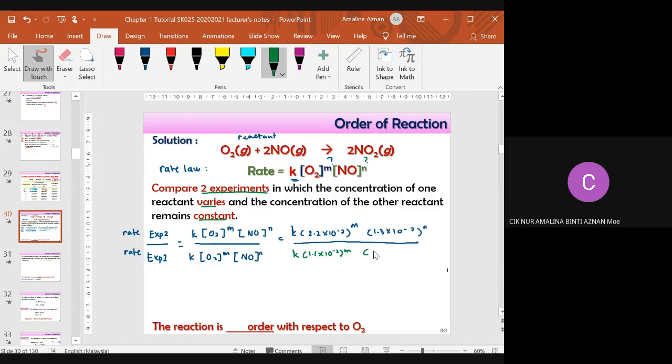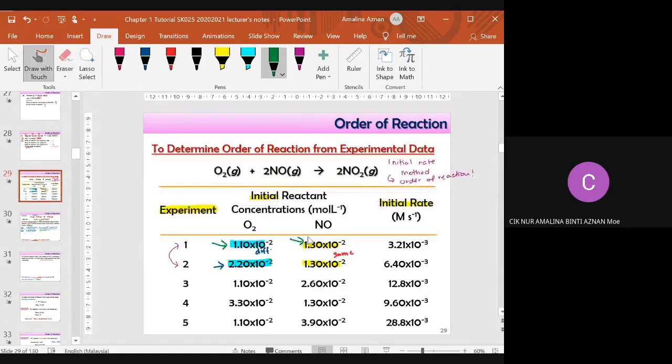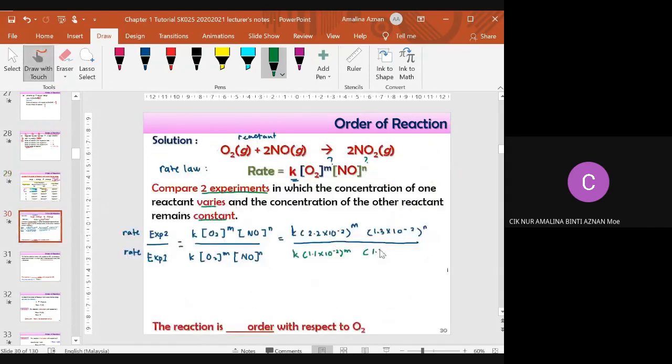And then ni sama. Okay, so from experiment 1, concentration of NO pula, 1.3 exponent negative 2 to the power of N. Okay, so satu kita biarkan berbeza, 2.2 dengan 1.1. And untuk concentration of NO, nitrogen monoxide, 1.3 exponent negative 2, dan untuk eksperimen 1 pun sama value dia.